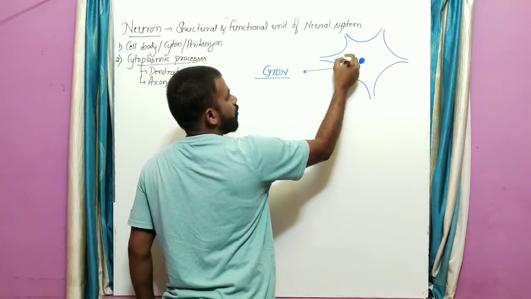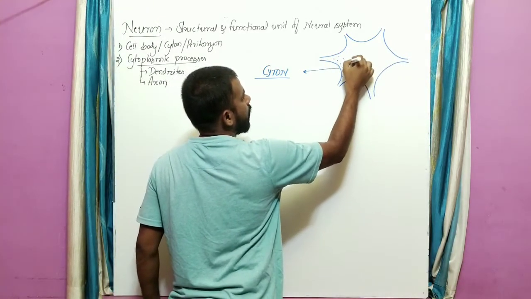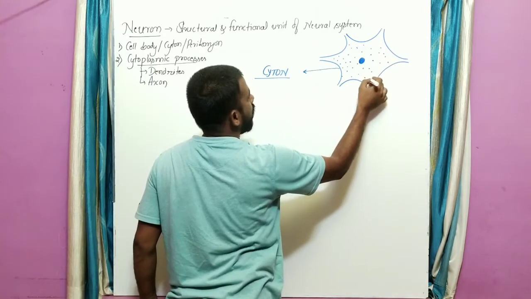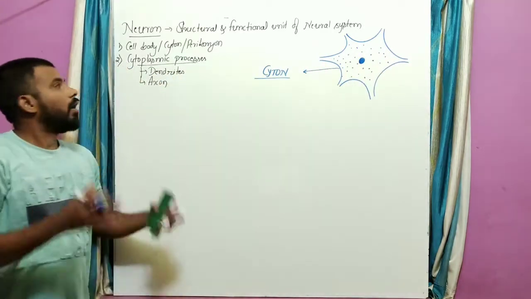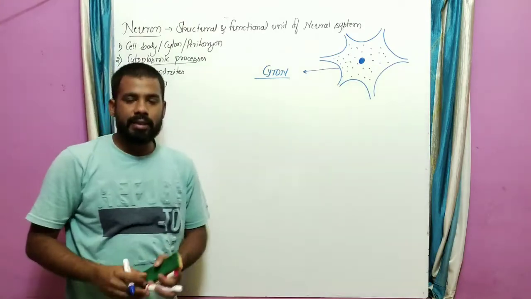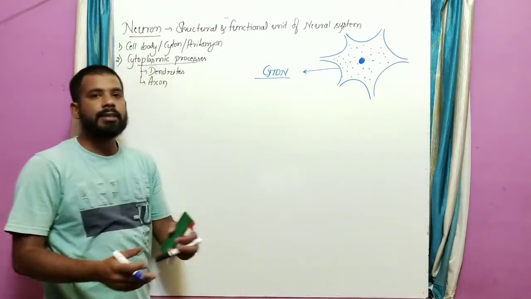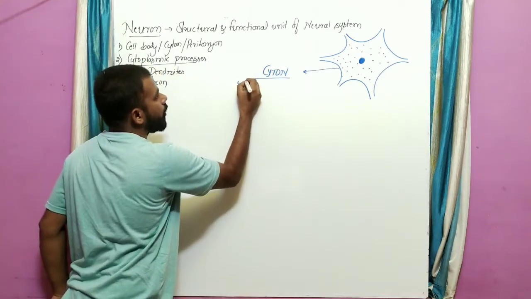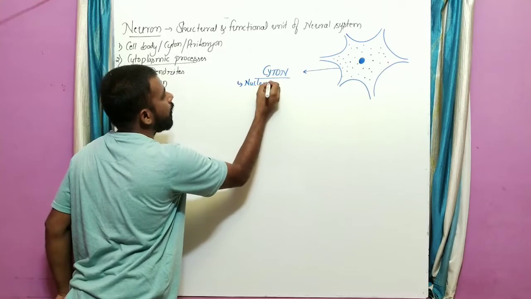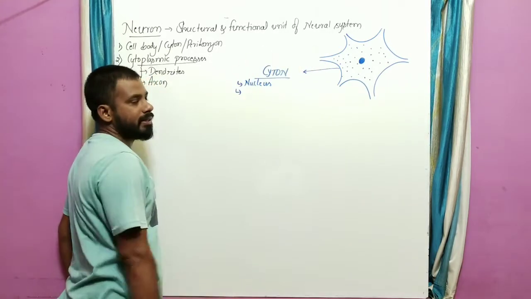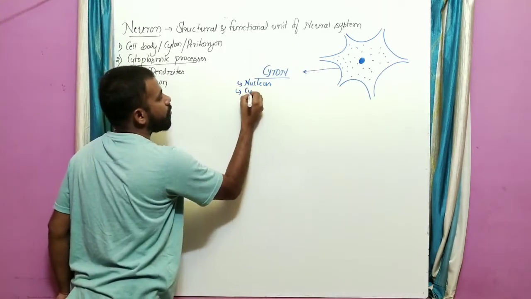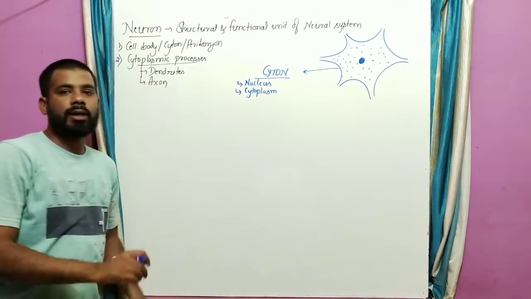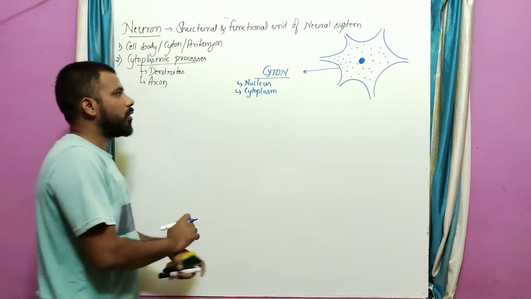It has cytoplasm, and the cyton has all cell organelles except the centrioles, so hence the neuron will not divide. So the cyton has a nucleus, so it is a mononucleated cell. It has cytoplasm and all necessary cell organelles except the centriole.